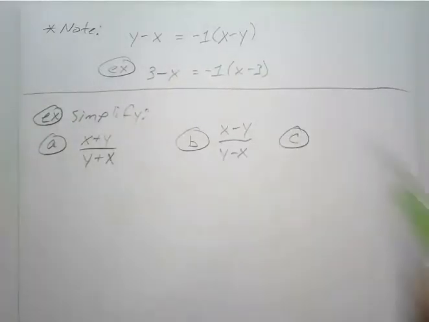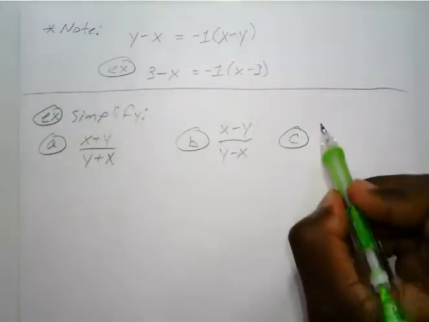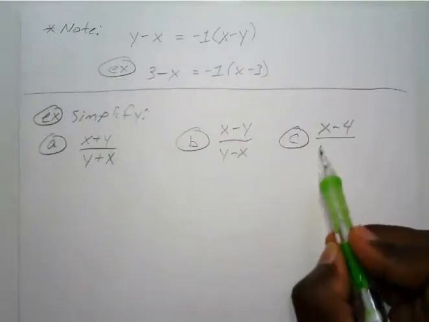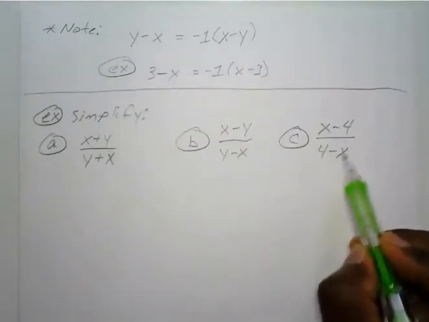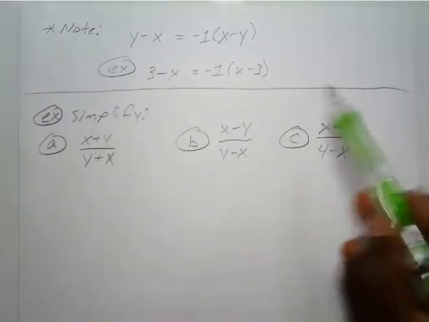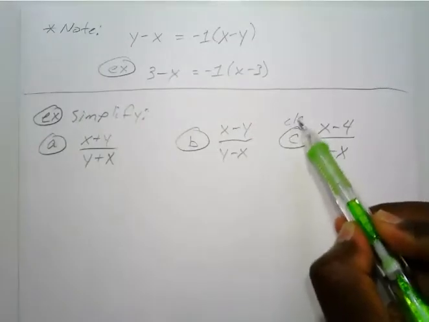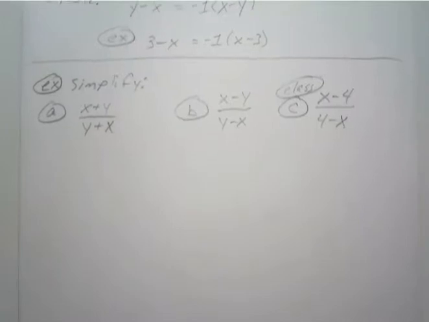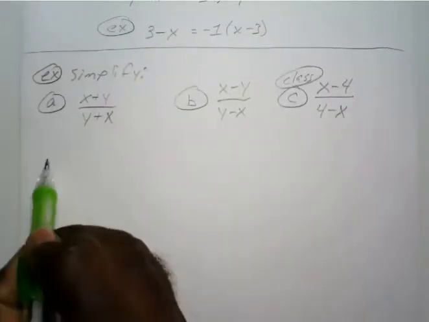And let's say for problem C, we have (x minus 4) over (4 minus x). I'm going to leave this one for you to do, but we're going to go ahead and do problems A and B.